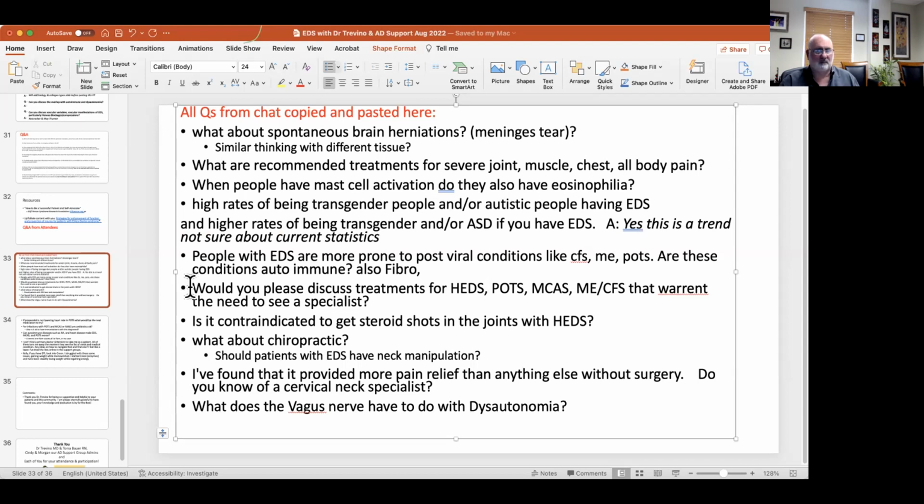I can't prove it, but I do think there's an autoimmune component too. And I do see a lot of people with fibromyalgia also have these same issues. I don't think fibromyalgia is an autoimmune condition, but it's more like a neuropathic sort of issue. But there could be autoimmune components as well. So yes, people with EDS are more prone to have all those things.